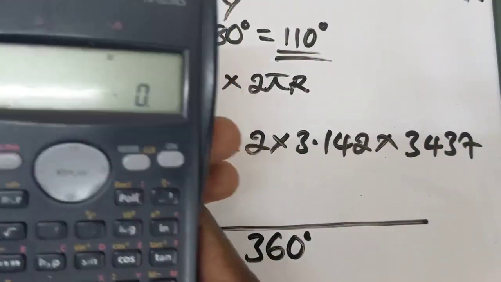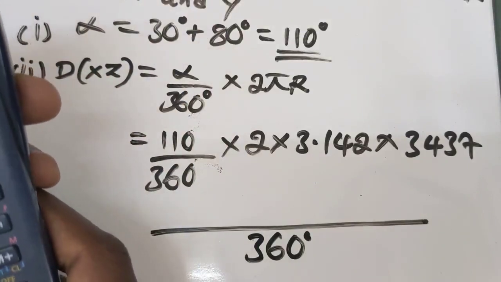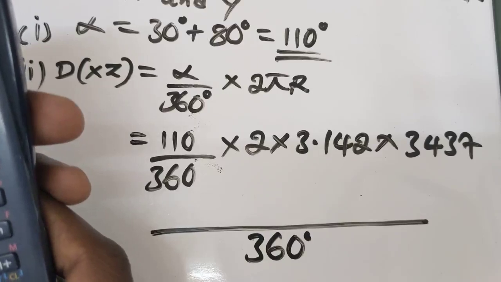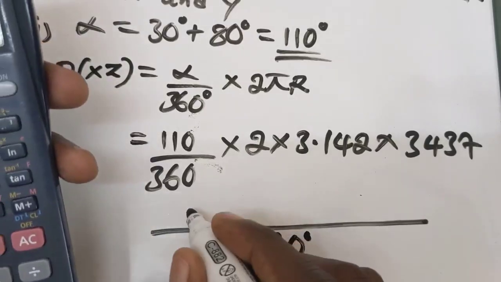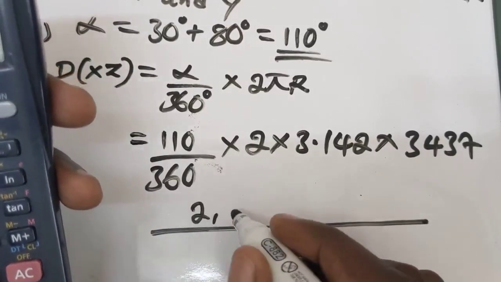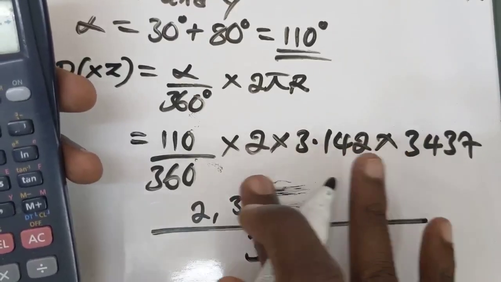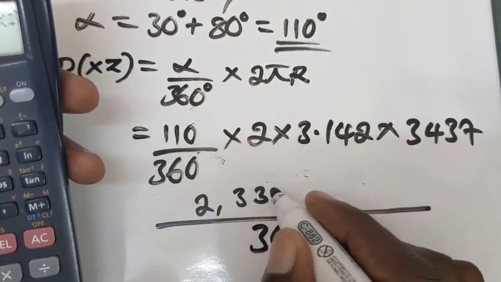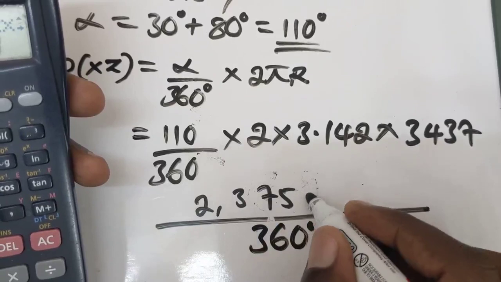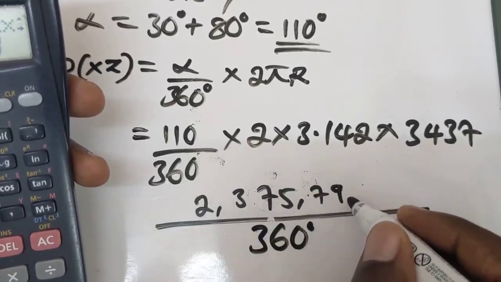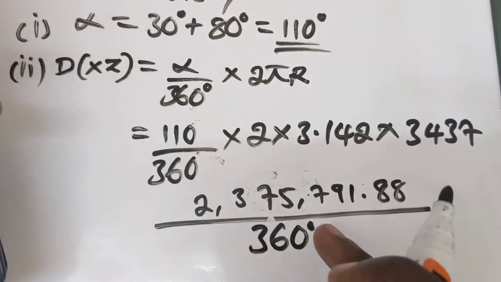You multiply 110 multiplied by 2 multiplied by 3.142 multiplied by 3437. You are going to have 2375791.88.